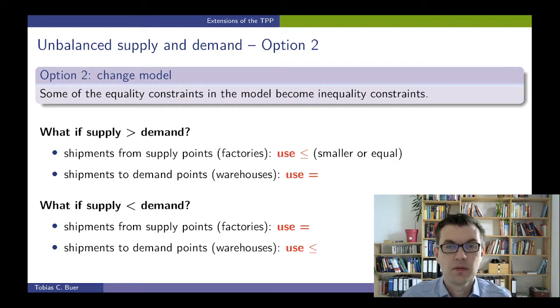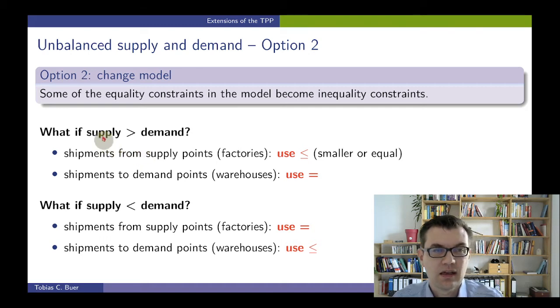That means by default, all the constraints in the model are equality constraints. Now, instead of changing the input data like in the first option, we change these operators. We change some of our equality constraints to inequality constraints.